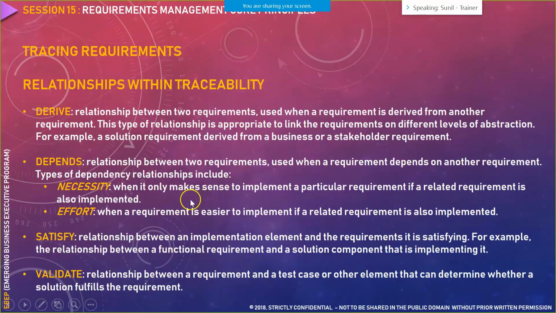Then comes your depends relationship. It's a relationship between two requirements, used when a requirement depends on another requirement in terms of necessity and in terms of effort. Like I gave you an example, there is a requirement A and a requirement B. Until and unless you complete requirement B, requirement A cannot be developed or work cannot be started on it.